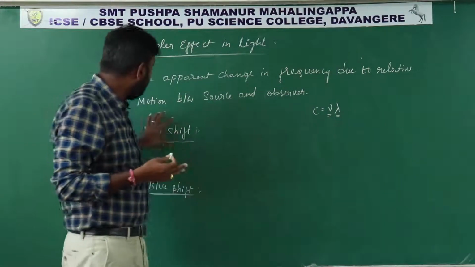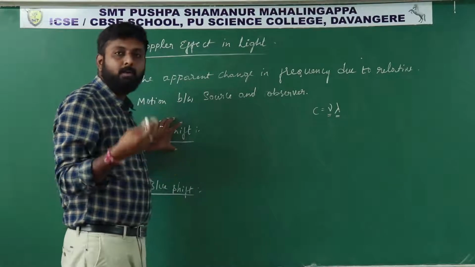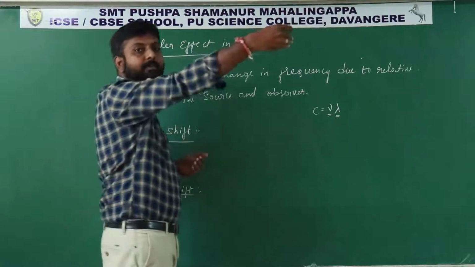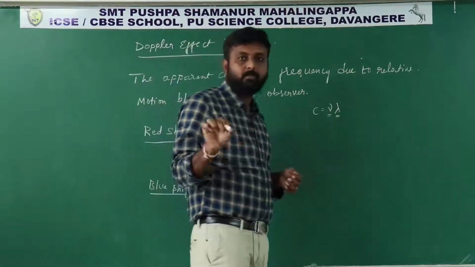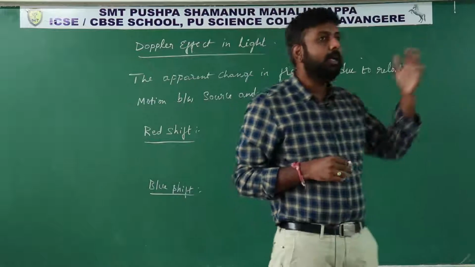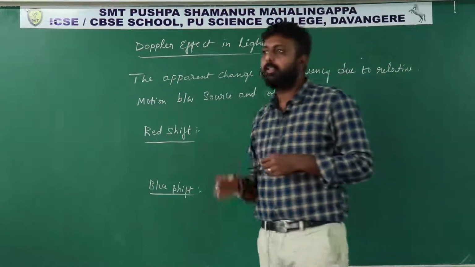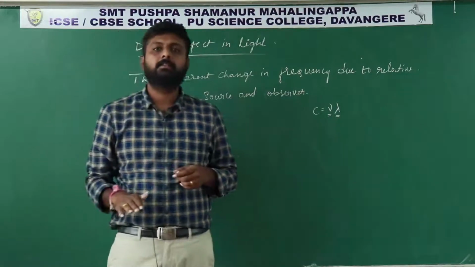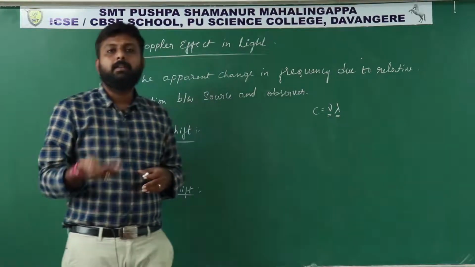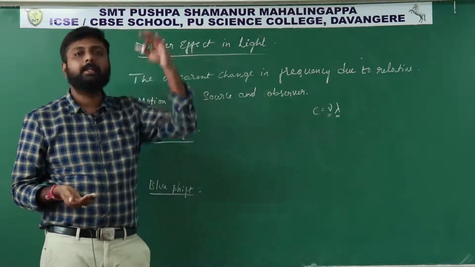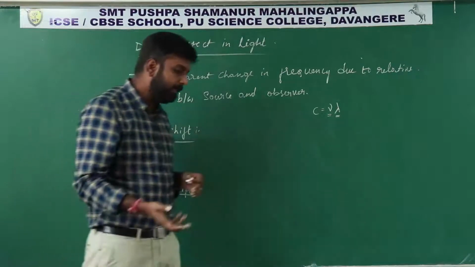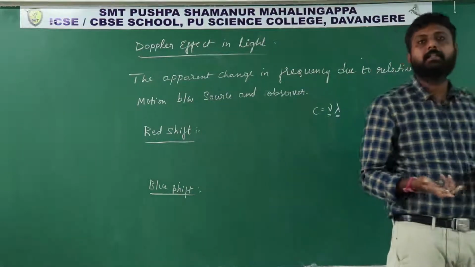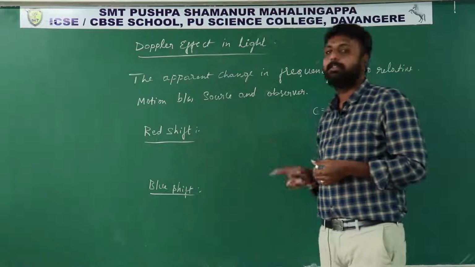So what is meant by redshift? Write down: when the source is moving away from us, the frequency of light appears to decrease and the wavelength appears to increase. This apparent increment of wavelength in light is called redshift.